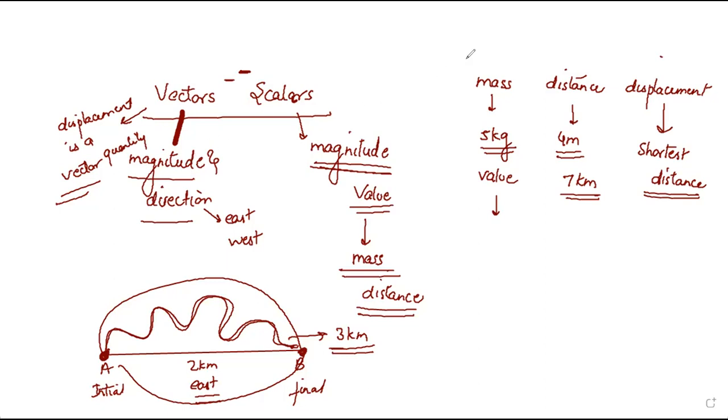In mathematics, a vector, if it's with the help of a diagram, you have to draw a straight line and specify the direction as well. Because this line denotes your magnitude, the value. Suppose I want to specify 3 kilometers.